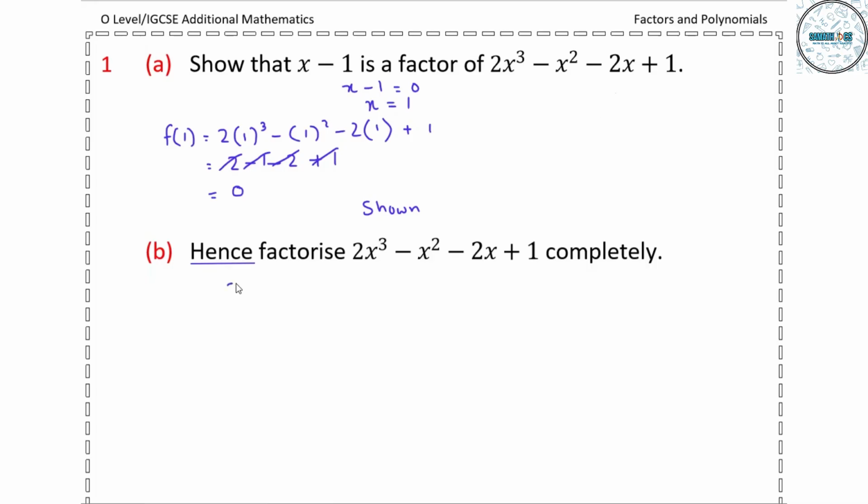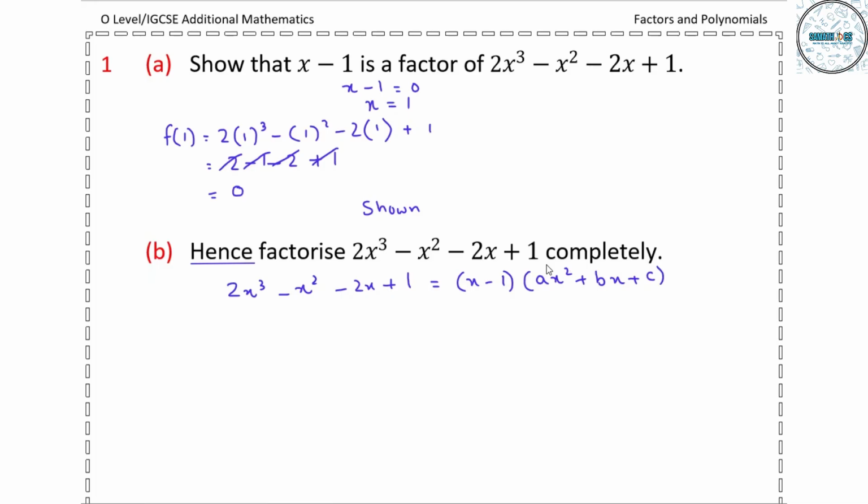So we can write 2x cubed minus x squared minus 2x plus 1 is equal to (x minus 1) times a quadratic factor whose general form is ax squared plus bx plus c.